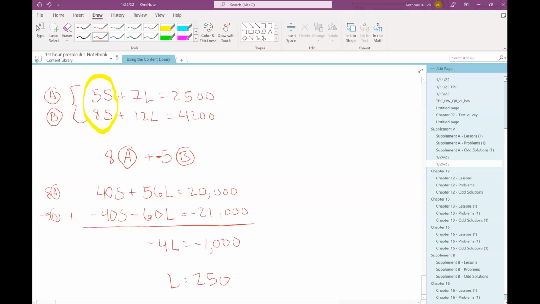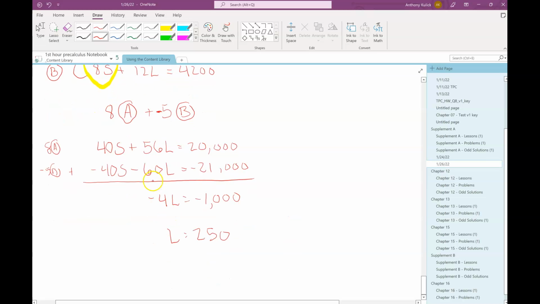Where'd you get that 20,000? 8 times 2,500 is 20,000. Is that okay? Yeah, I got it. Okay. But were we looking for the number of long sleeve shirts? No, we want the number of short sleeves.